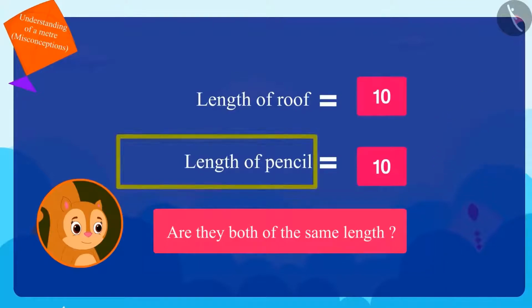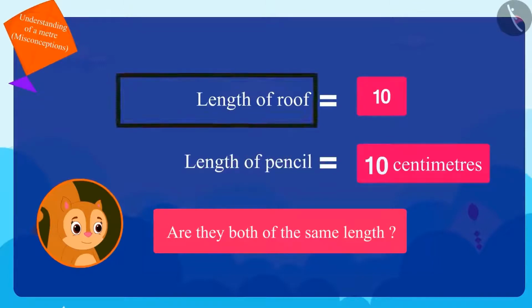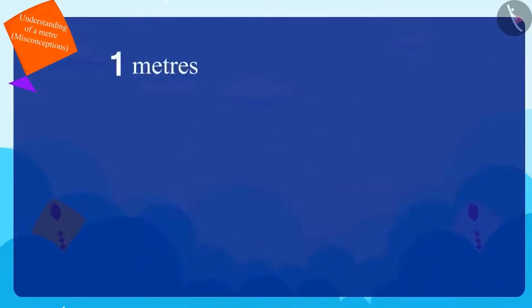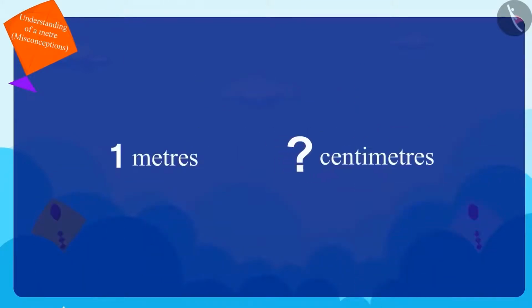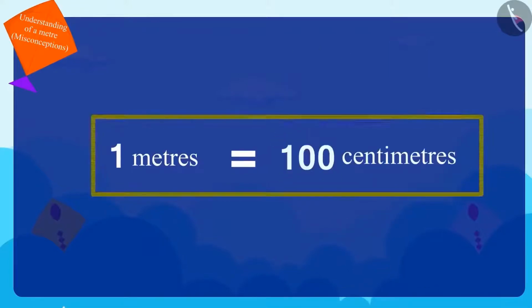Chanda's pencil is 10 centimeter in length, while her roof is 10 meters in length. And children, you know how many centimeters is equal to 1 meter? Exactly, 100 centimeters.